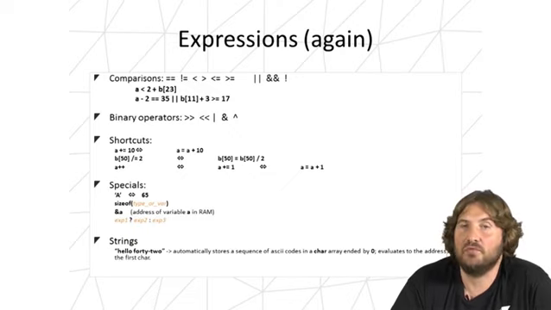All comparators work the same way. Another example, if you write a < b, it'll check the values of a and b. If a is indeed inferior to b or less than b, it'll return 1, else it will return 0.